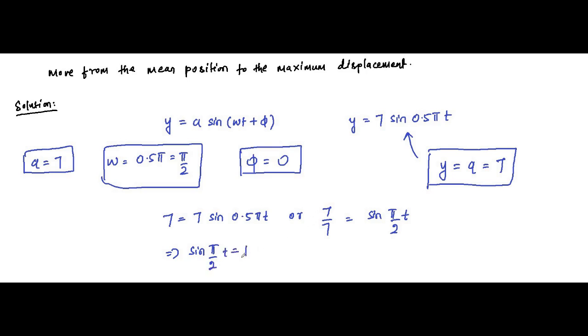Now we have to express this RHS in sine form in order to equate the two. So sine pi by 2 is equal to 1, so we write sine (pi by 2 into t) is equal to sine pi by 2. That implies t is equal to 1 second. So at t equals 1 second, the particle will move to the maximum displacement position.